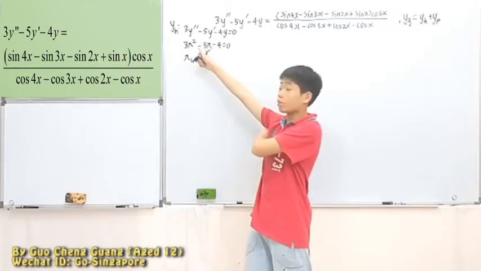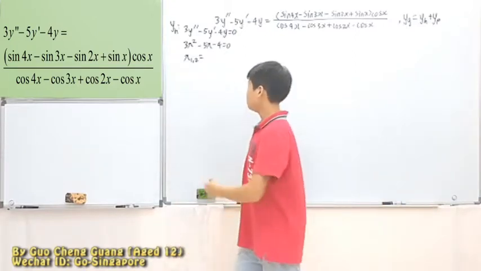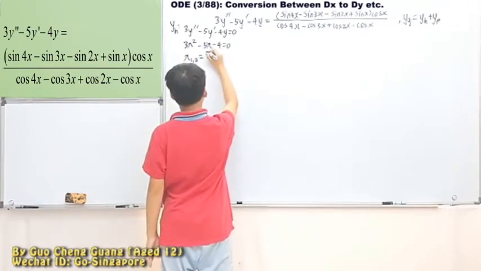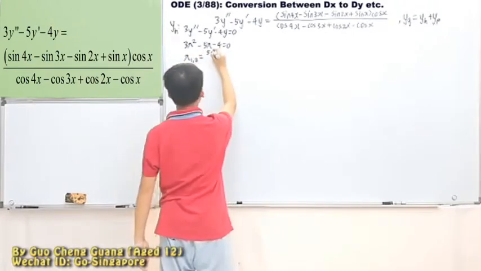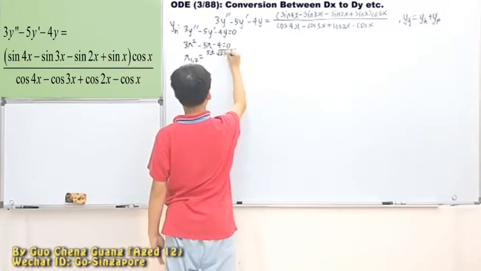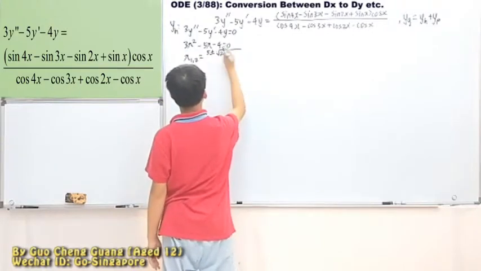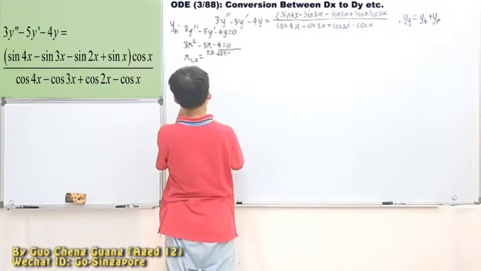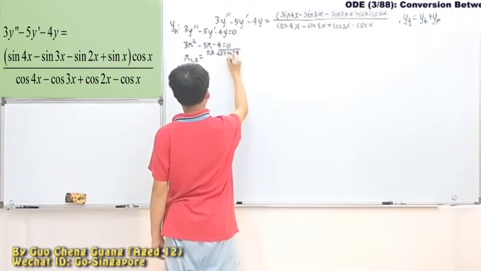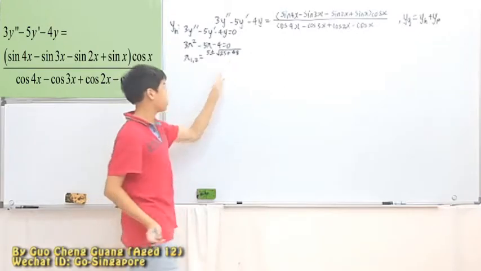Since this is a square, there have to be 2 roots. With the quadratic formula, negative b, in this case will be 5, plus minus the square root of b squared minus 4ac. Okay, let's see. But be careful, here is already a negative, so that means negative, negative, positive.